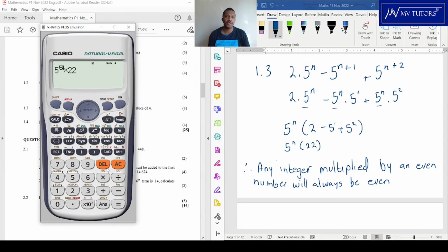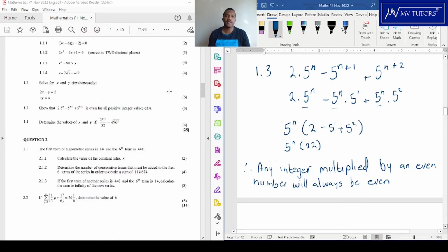Even if we put, I don't know, 8, still an even number. So any value that is an integer is always going to give us an even number, because we are multiplying with an even number. That 22 is the one that makes all the difference. I hope you understand that.